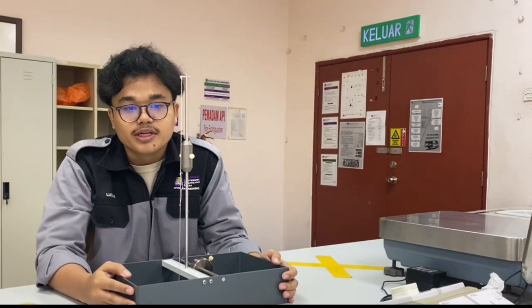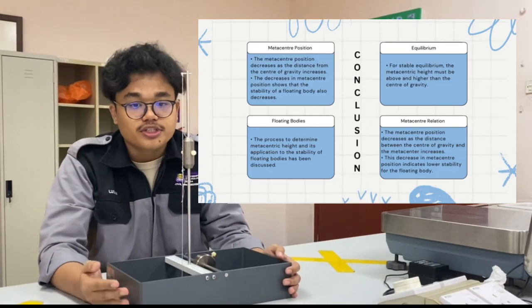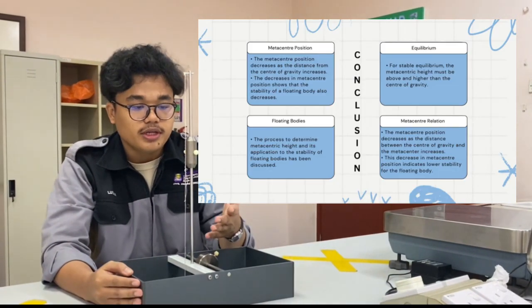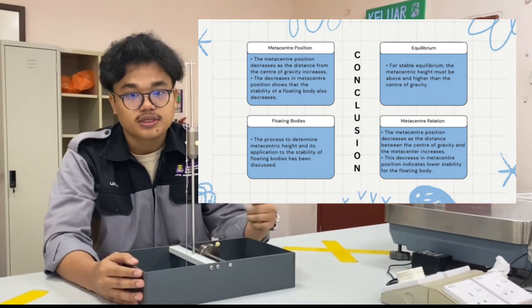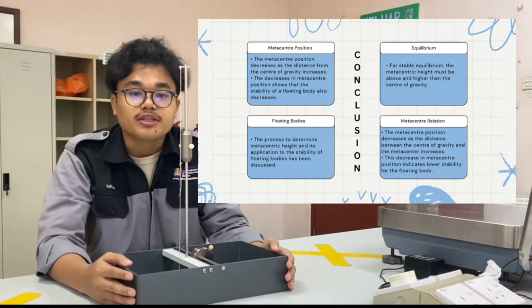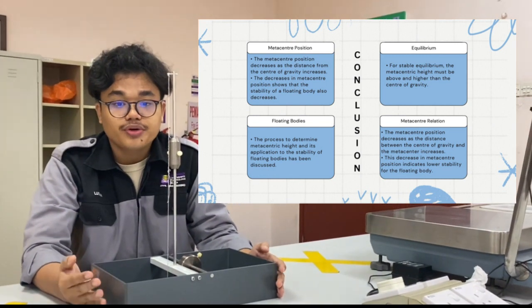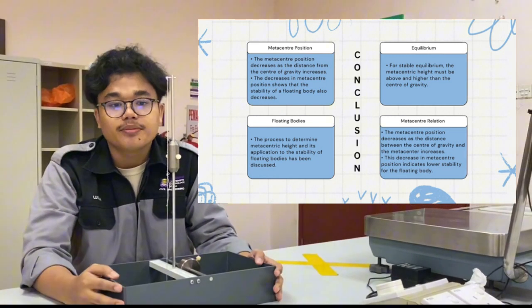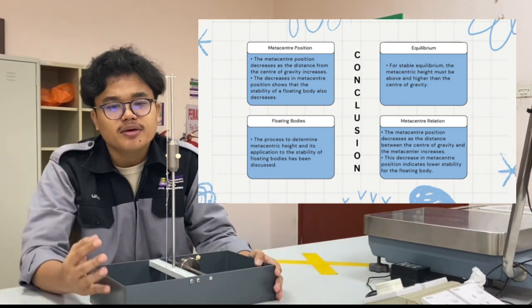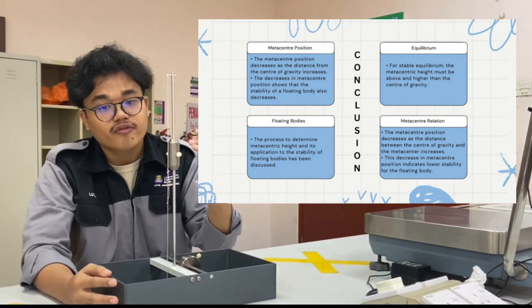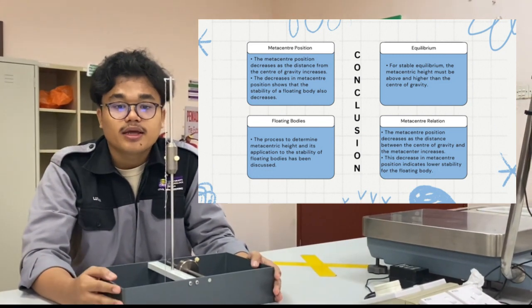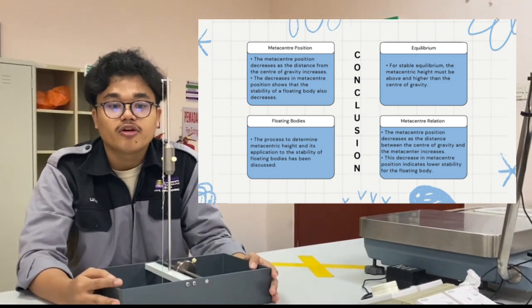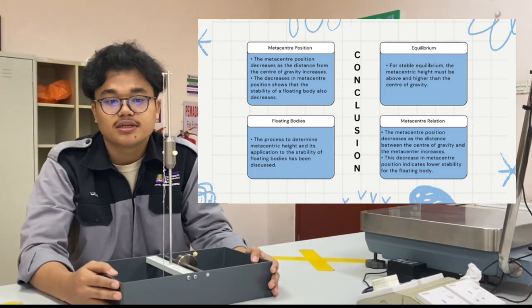And for the conclusion, it is concluded that the position of metacenter of a floating body decreases as the distance from the center of gravity increases. This shows that the stability of a floating body also decreases. For a stable equilibrium, the metacentric height must be above its center of gravity. The procedure of determination of metacentric height as well as application to the stability of floating bodies have been discussed.